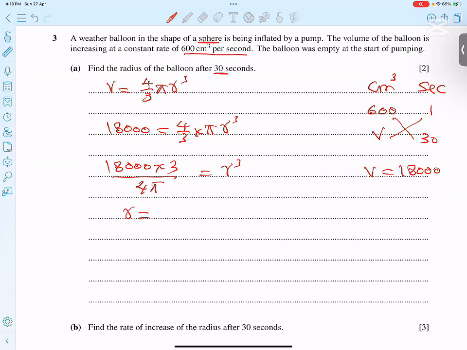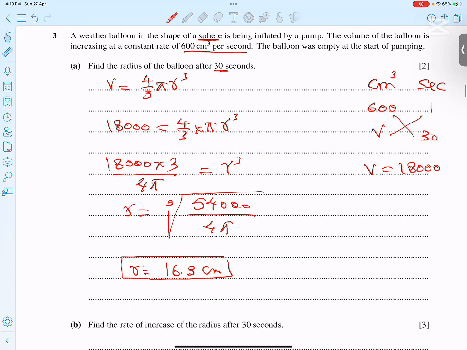Now take the cube root of the whole thing. So 54,000 over 4 pi, and I find the radius turns out to be 16.3 centimeters. I hope that is clear.